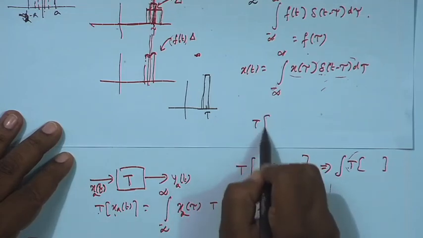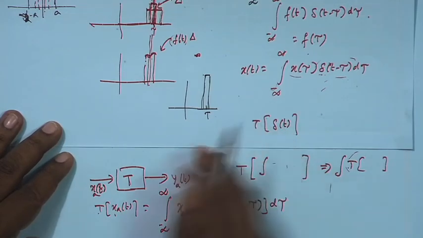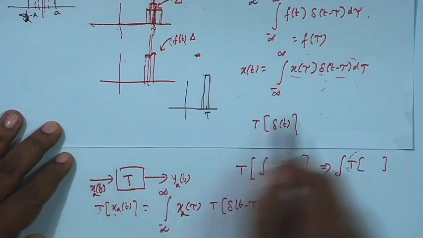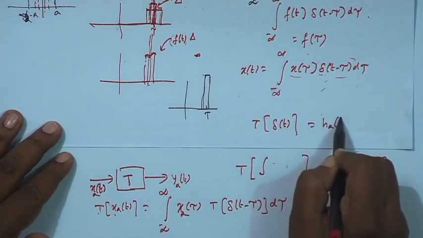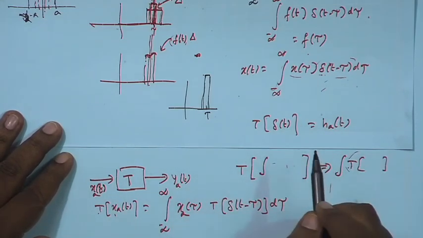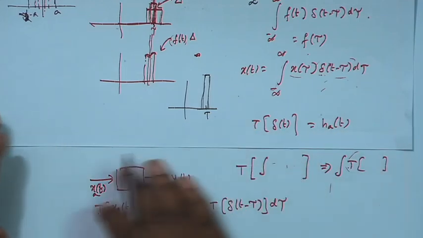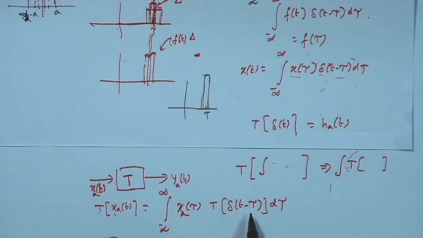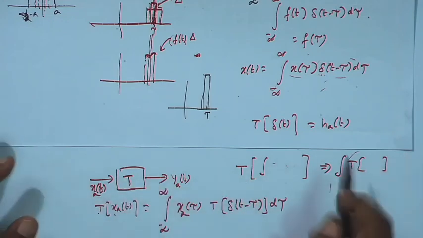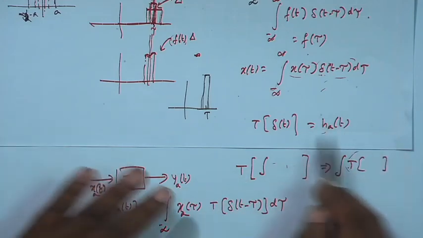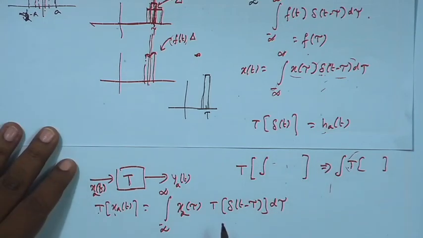If T working on this one impulse, suppose I give a direct delta function at the input of the system, I measure the output, I call it h a t, impulse response. Then if it is time invariant, that is, if I give the delta after some time tau, new response on the same time scale will be same as before, but just shifted by the same amount, delayed by the same amount tau. So, if it is time invariant, this will be h a t minus tau, which is analog convolution.